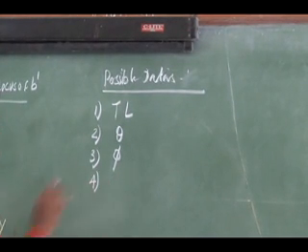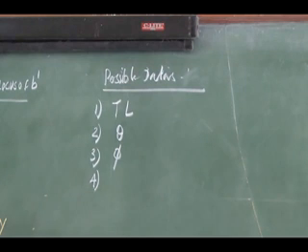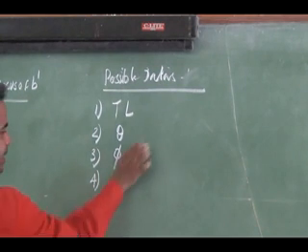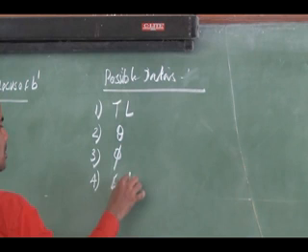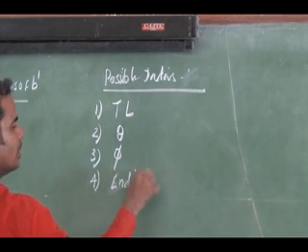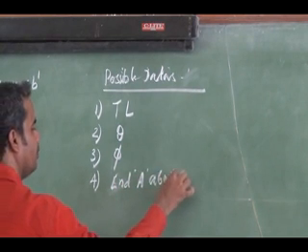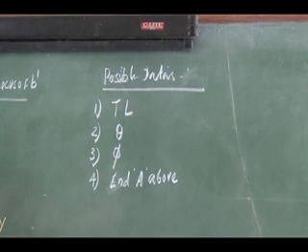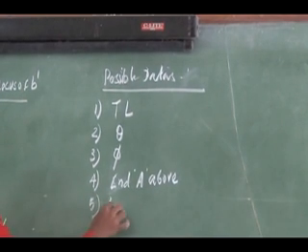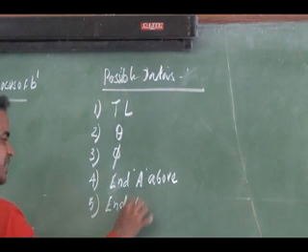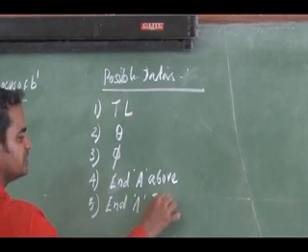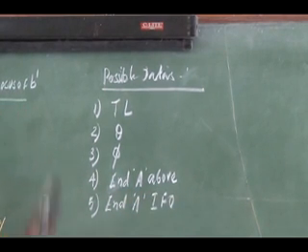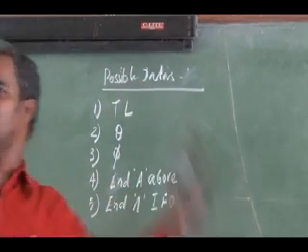Then one end location is given, say end A. End A above distance may be given. Similarly, end A in front of distance may be given in a problem. These are the 5 data in a straightaway problem.